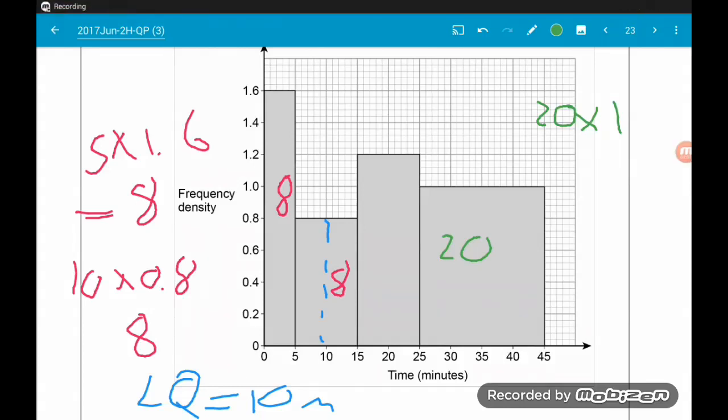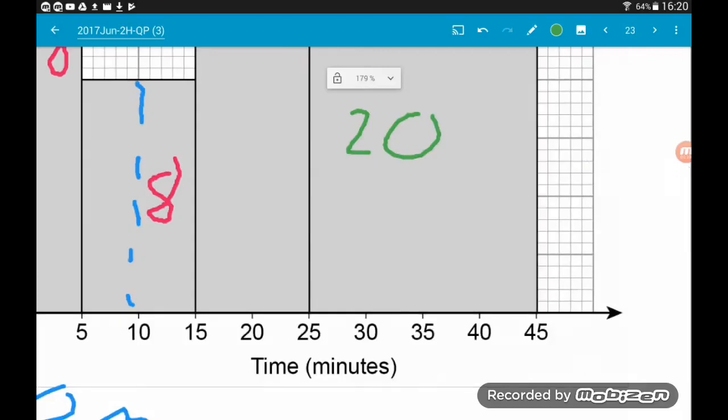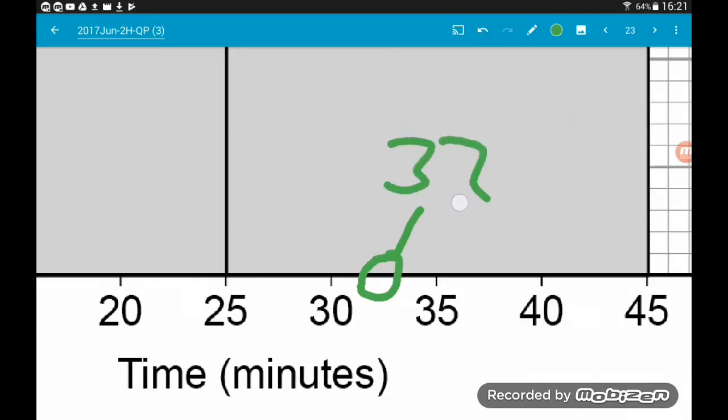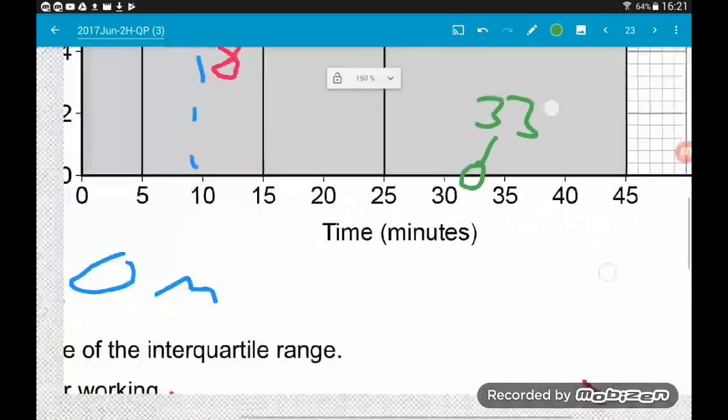Because we have an interval length of 20 and there are 20 people inside of this bar, every one little square along the bottom represents one person. So if we got up to 45 people, what's 45 take away 12? It's 33. So the upper quartile person, as an estimate, is going to have taken 33 minutes.